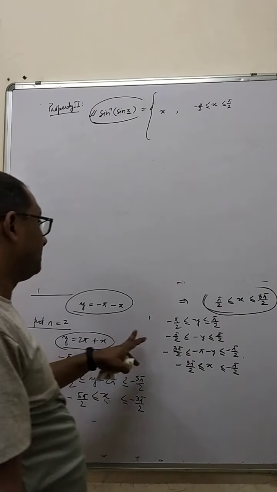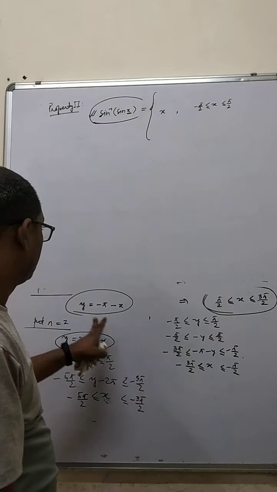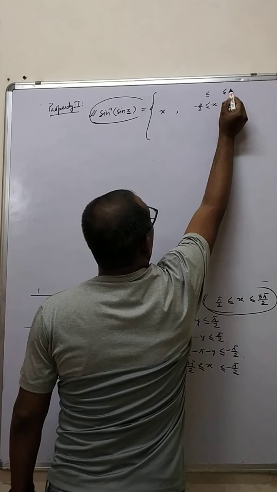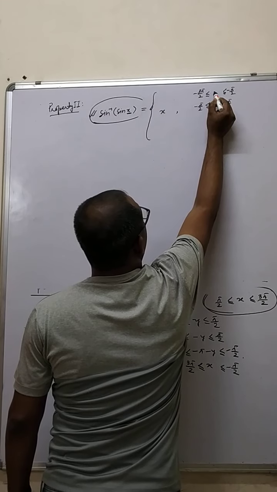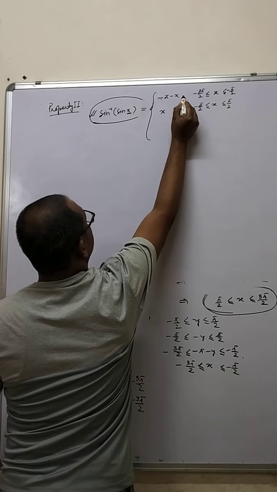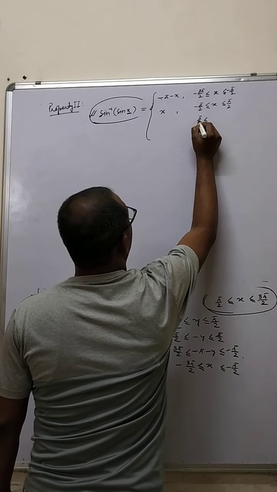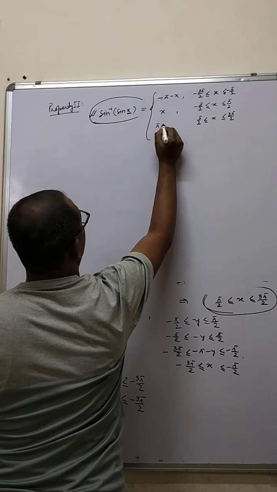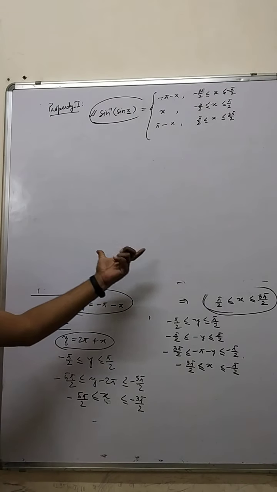And then when it goes for minus 3 pi by 2 to minus pi by 2, then it was minus pi minus x. Then when x is lying between pi by 2 to 3 pi by 2, it will come pi minus x, and so on so forth. The rest of the things can be found out in that relation.